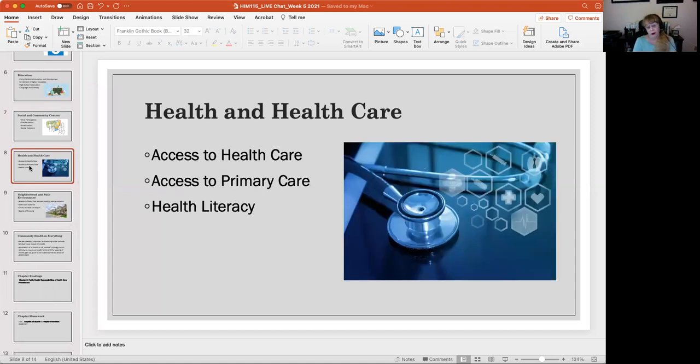Health and healthcare. So, of course, you need access to healthcare. There needs to be a hospital and or a clinic, certainly primary care, like your PCP. Sometimes people only think of this as something dedicated as a hospital, but there are lots of clinics.